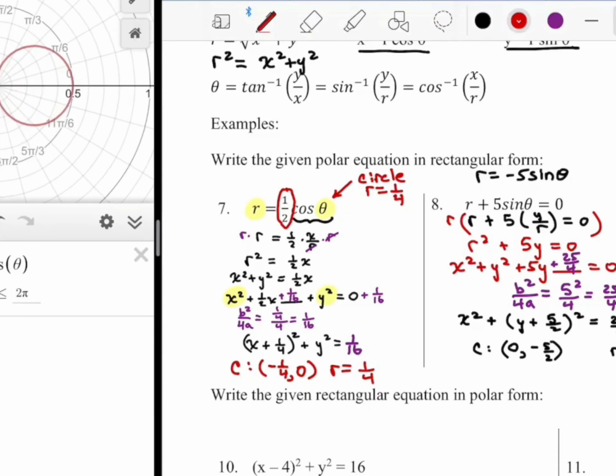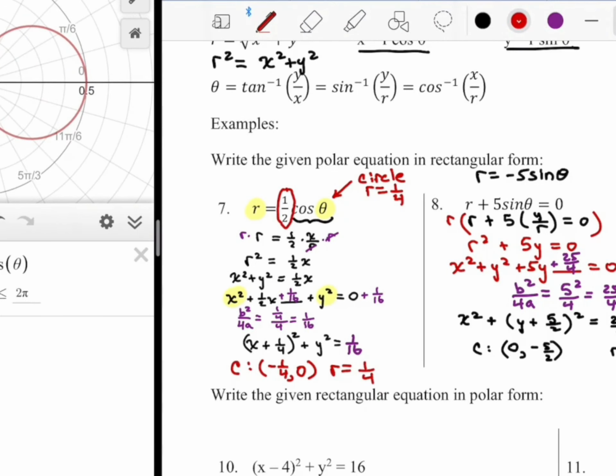It's going out to 50 for crying out loud. I hit the home button, so it brings it in a little bit closer. And now if I go even closer, I can see a better view. So I think it's pretty clear, hopefully you agree, that in number 7, the coefficient corresponds to the diameter.